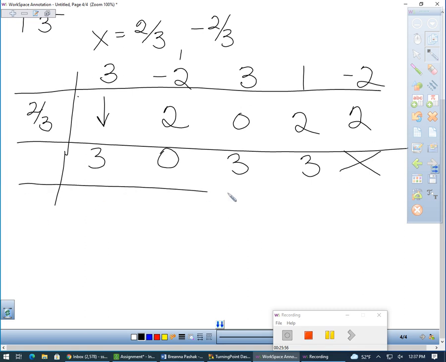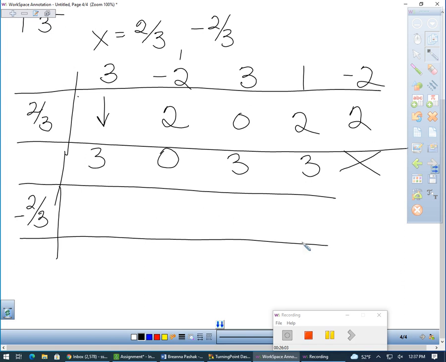All right, what are we doing next? Yes, let's do -2/3. You don't think it's -2/3? It works all the way until the very last one. Okay, hold on.